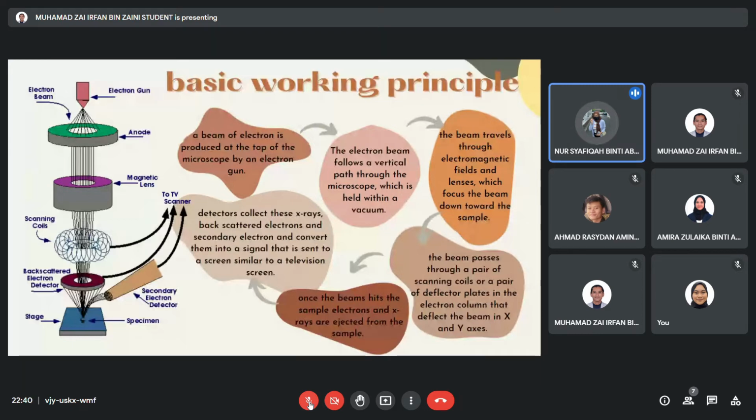Once the beam hits the sample, electrons and X-rays are ejected from the sample. Detectors collect these X-rays, backscattered electrons and secondary electrons, then convert them into a signal that is sent to a screen similar to a TV screen. Next.